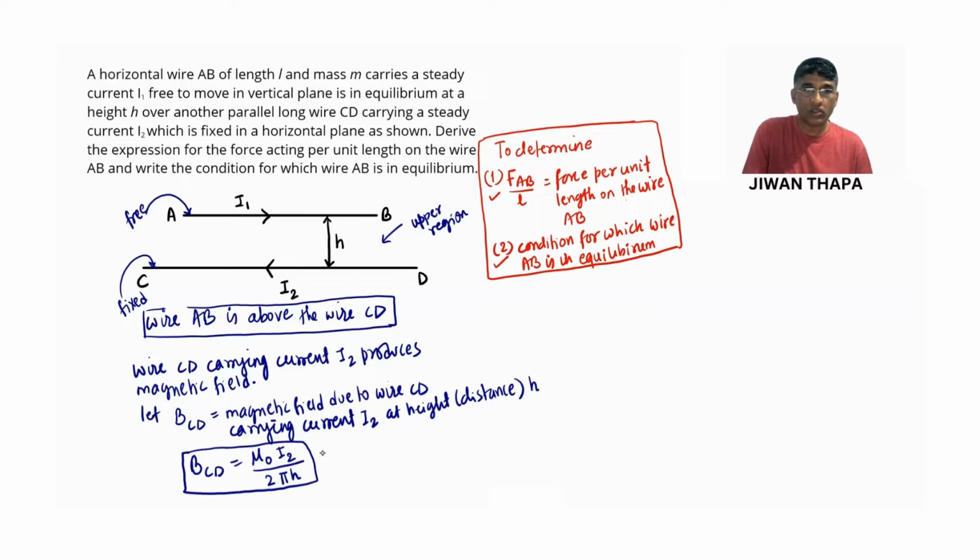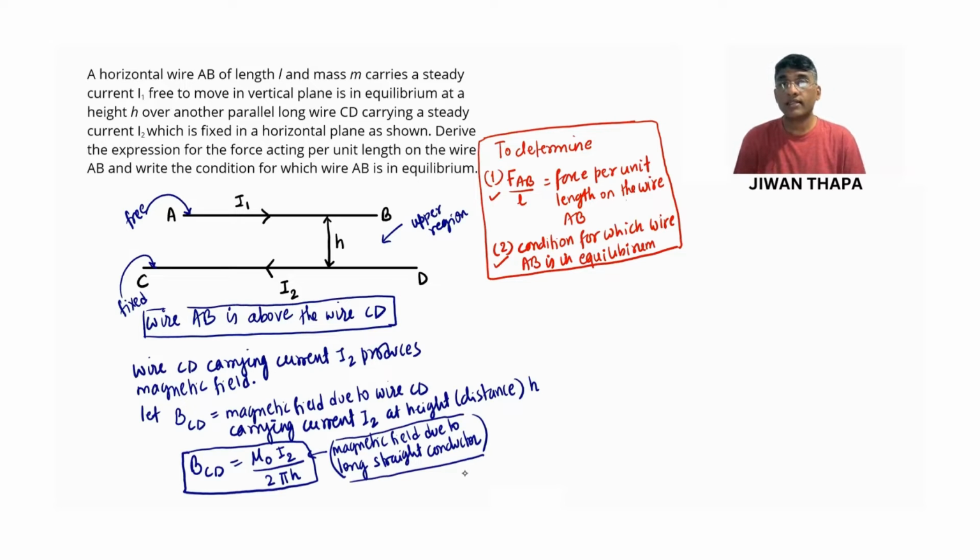So we are using the concept of magnetic field due to a long straight conductor carrying current at distance h.